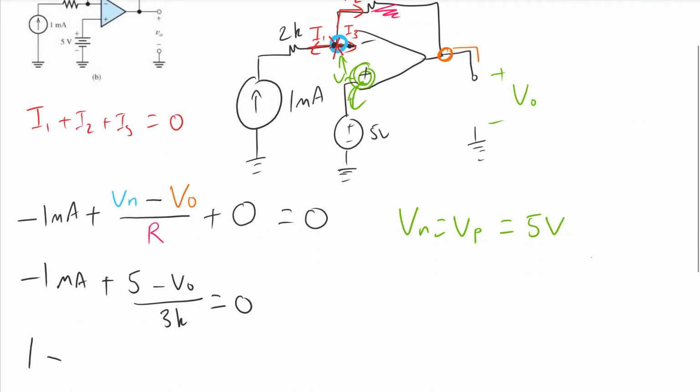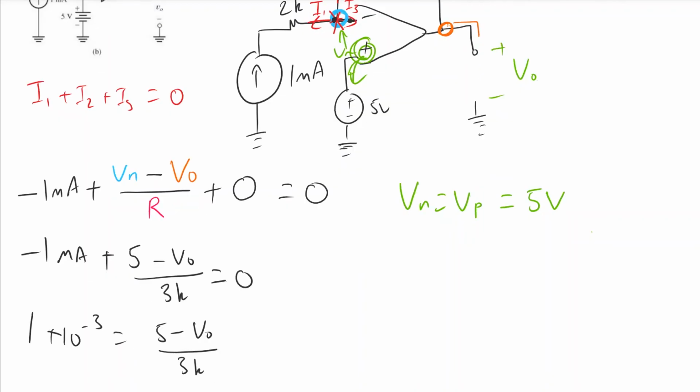Rearranging this equation, we know that the goal in the end is to solve for Vout. Multiply everything by 1000 to bring that denominator up. 5 minus Vo equals 3, or solving for Vout, we get 2 volts as our final result.